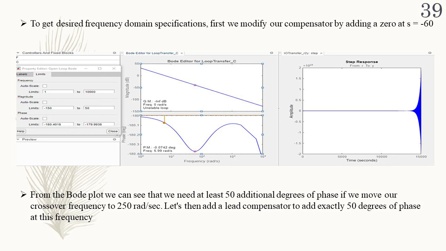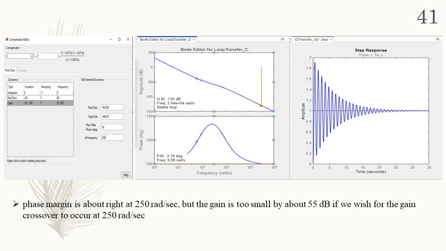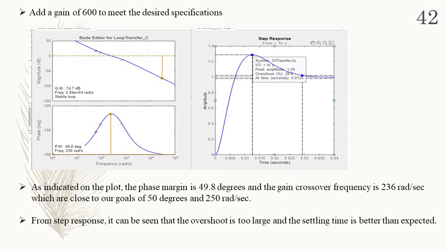From the program equation we get the pole and zero of the lead compensator, and adding the lead compensator to the system, we get Bode plots. After analyzing the plot, we can say that the phase margin is about 250 rad per second, but the gain is too small, so we give additional 600 gain to the system.